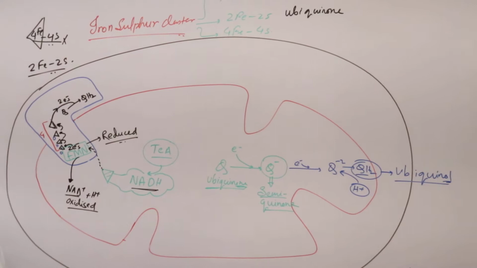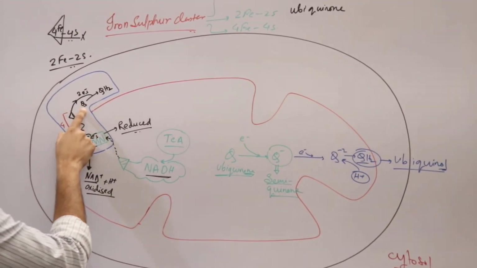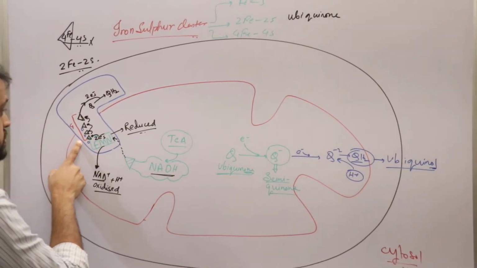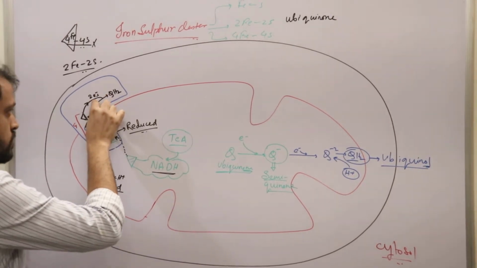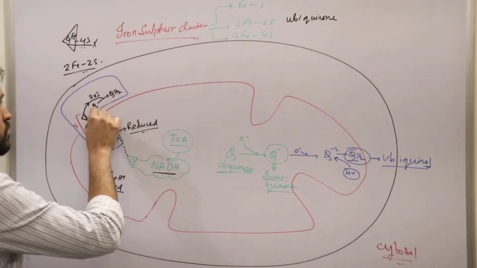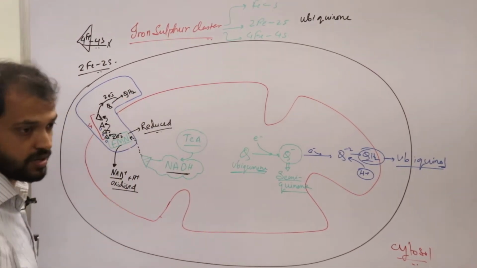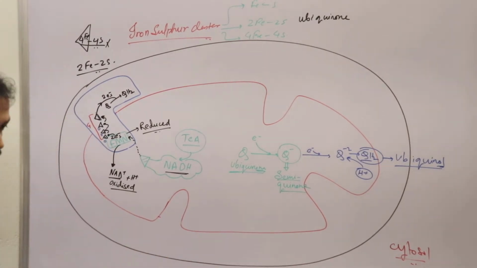It's a very important part, this transfer of electron from the iron sulfur cluster present in complex 1 to quinone and subsequent conversion of quinone to ubiquinone to ubiquinol. Why? Because I will tell you.